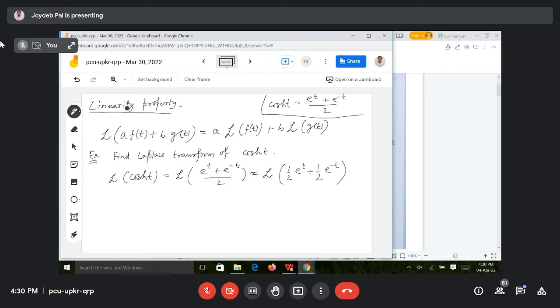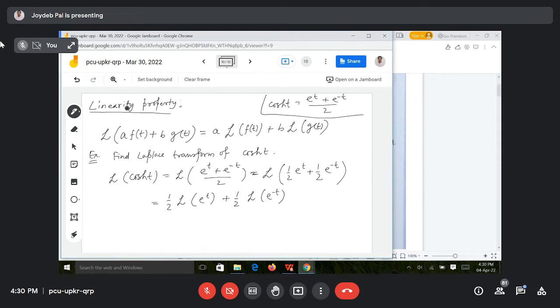Now is it not of the form a into f(t) plus b into g(t)? So what can I write? It is equal to, a constant can be written outside the transformation. 1 by 2 L of e to the power t plus 1 by 2 L of e to the power minus t.